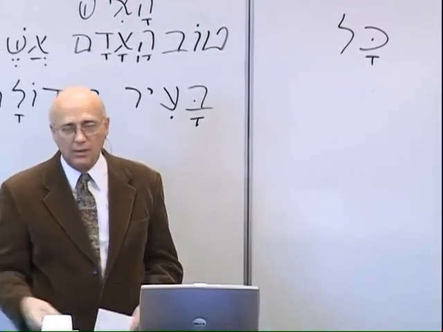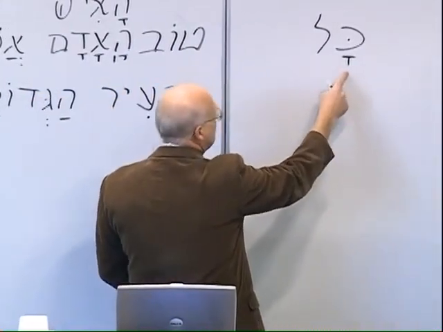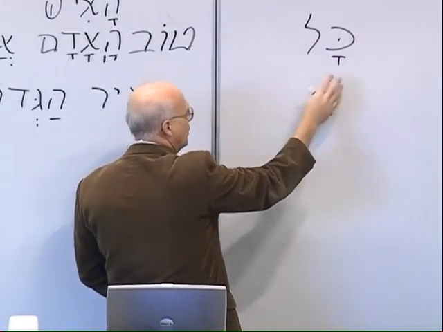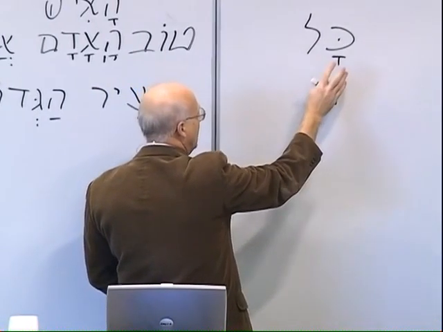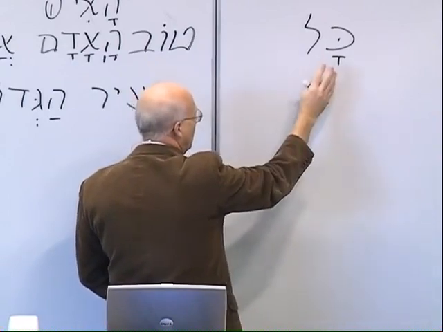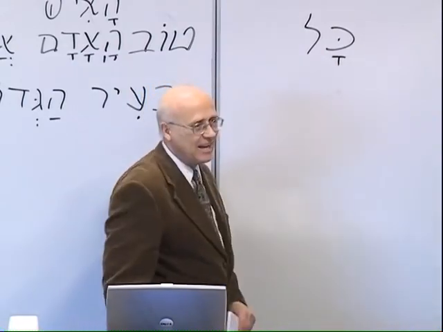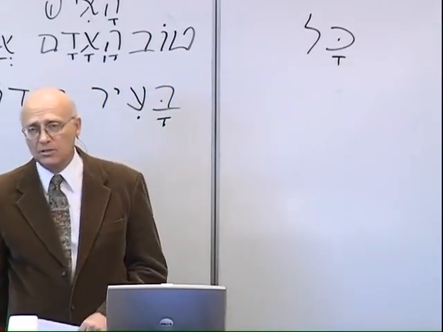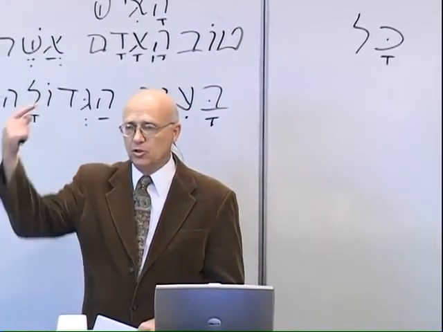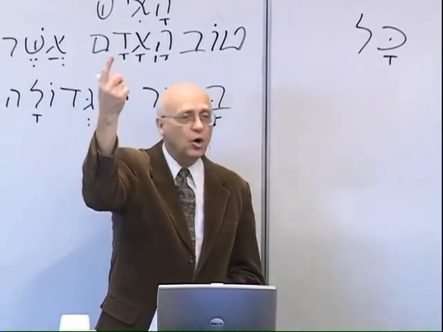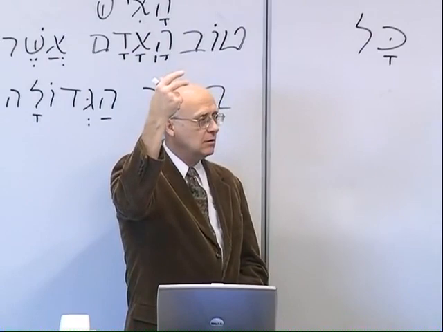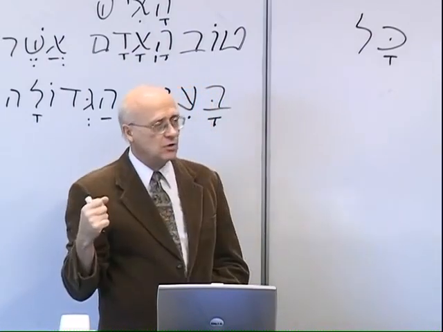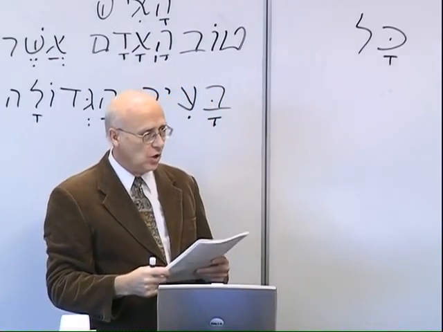If you have that word standing by itself, you know that if it's this way, it has to have another word after it. It's in genitive relationship with it, and it has to be pronounced together with that word. Therefore, this will become an unaccented closed syllable with a kametz. It's a kametz hatuf, and that's a short vowel as opposed to the holem being a long vowel. All right, so this is the construct form of kol, is kol.